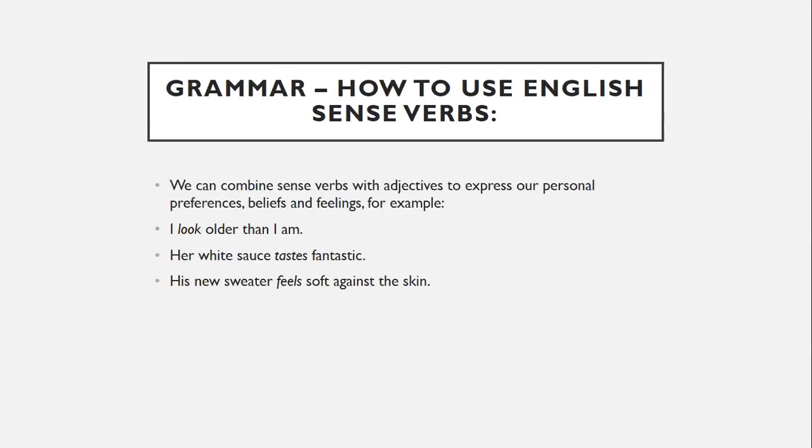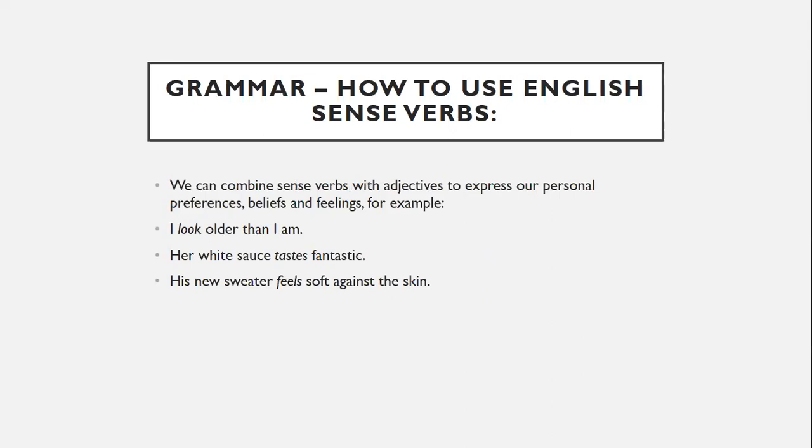Then we have how we use them in English. So the sensory verb or the sense verb, we can combine them with adjectives to express personal preferences, beliefs, feelings, right?